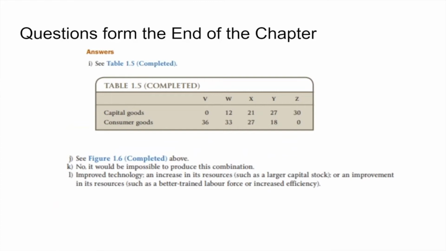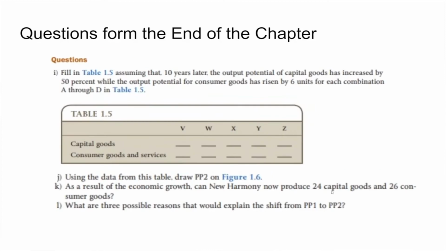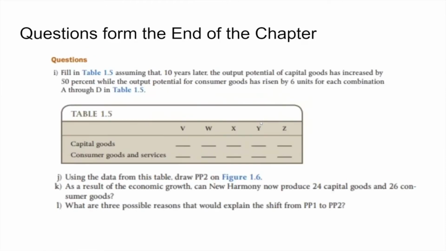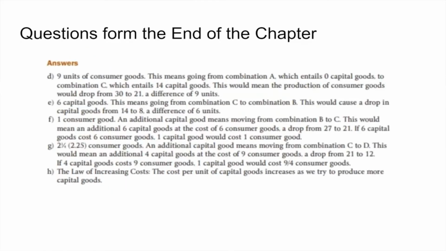So the combination we're being asked for is 24 and 26. So if we know now, we can only go about 24, and the combination they're looking for, the magic combination, is 26 consumer goods. So the answer is no, we cannot get to 26.